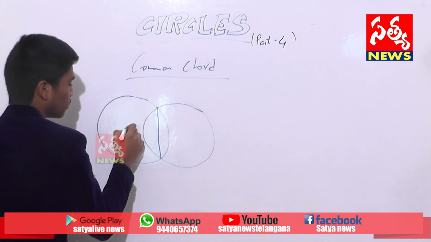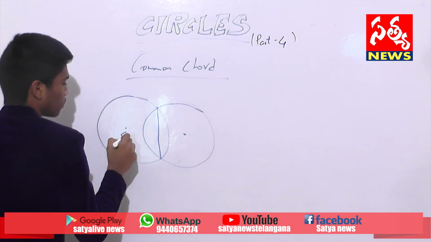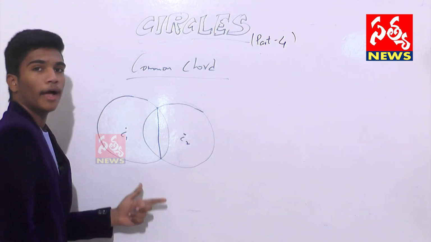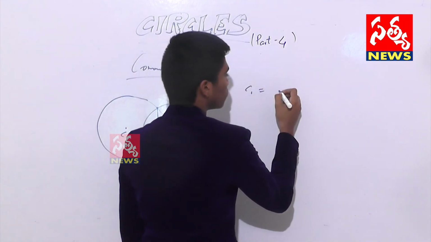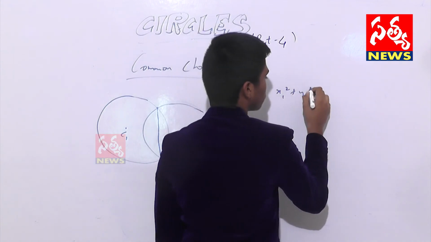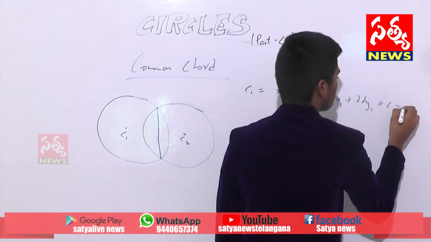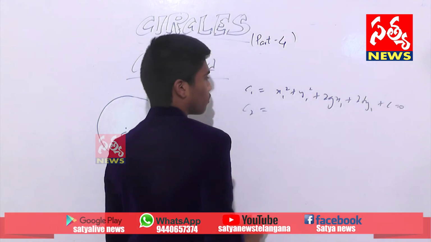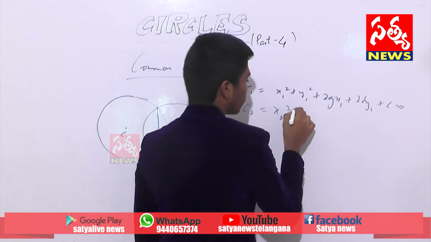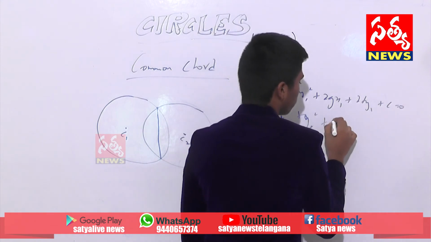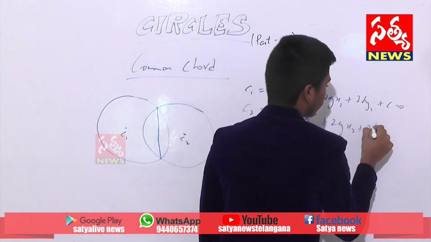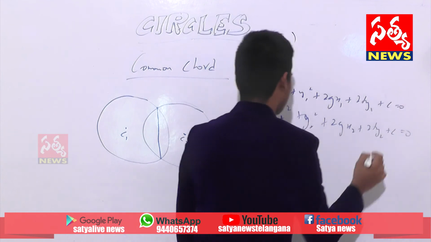Let's take the circles C1 and C2, and these equations are: C1 is x square plus y square plus 2g1x plus 2f1y plus c1 equals to 0. And the equation of circle C2 is x square plus y square plus 2g2x plus 2f2y plus c2 equals to 0.